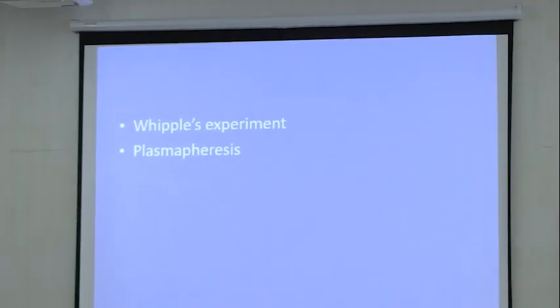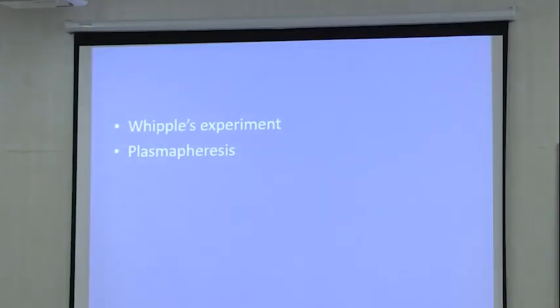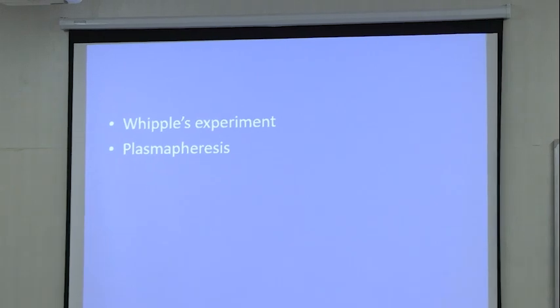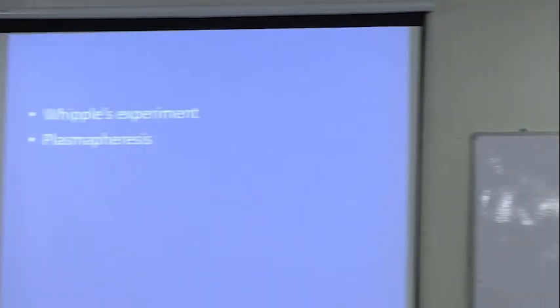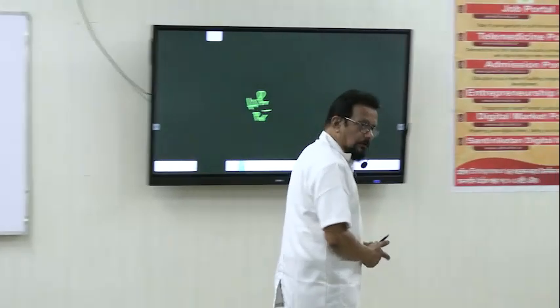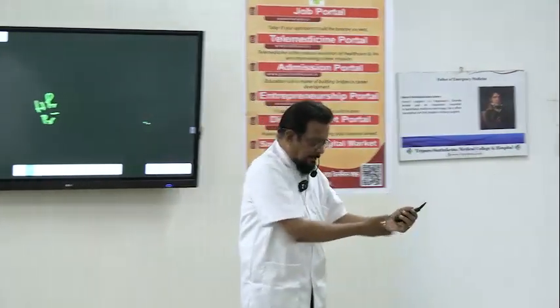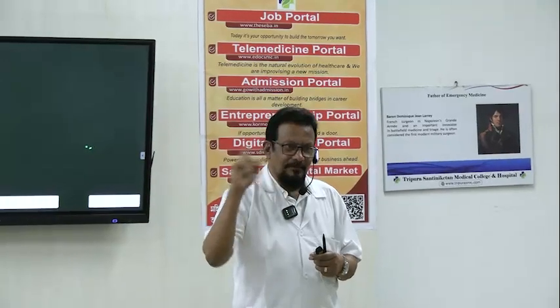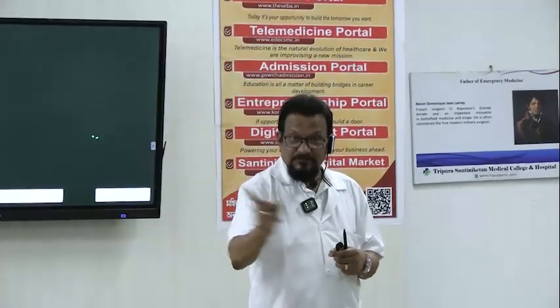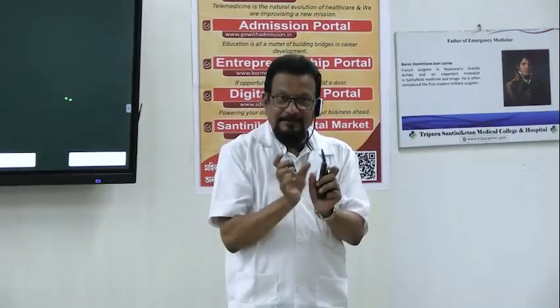Whipple's experiment. What happened? One scientist, Whipple, wanted to know where this plasma protein comes from. What is the source of this plasma protein? So what he did, he took a dog, took out a certain amount of blood, then centrifuged it, separating the cells and plasma.